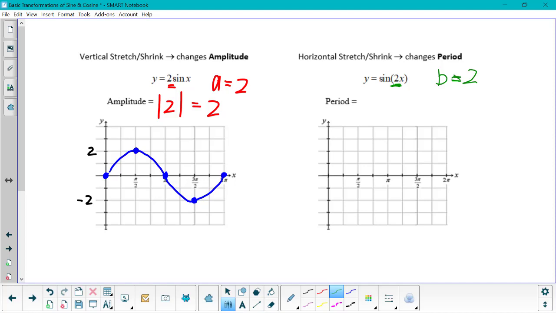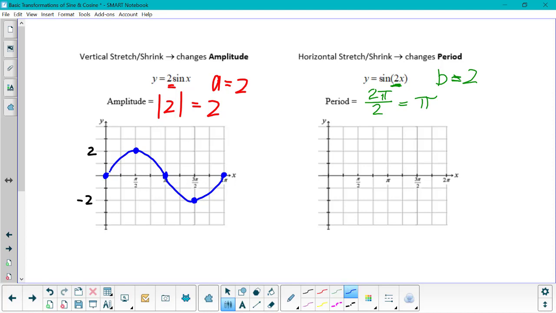That means this function, y equals sine 2x, makes 2 cycles between 0 and 2 pi. So to find the period or the length of one cycle, we take the period of the basic sine and we divide by b. So the period of this function, y equals sine of 2x, is pi.